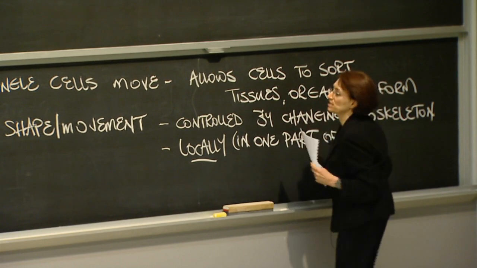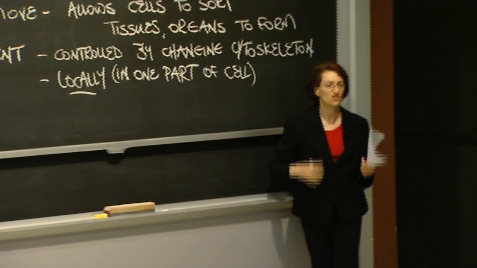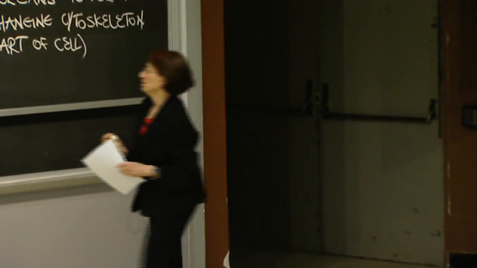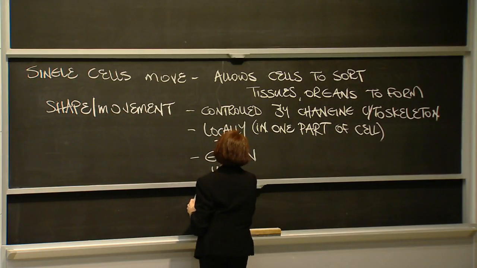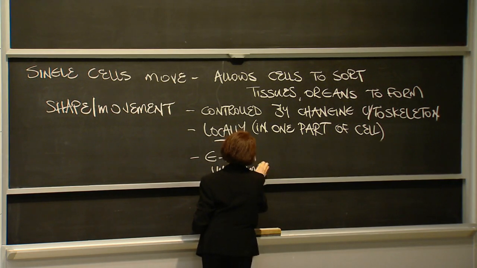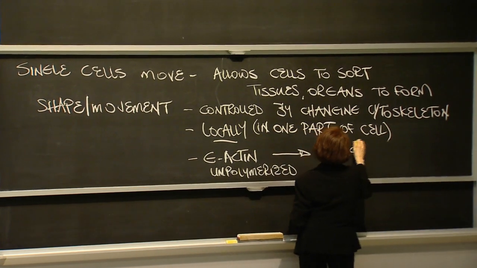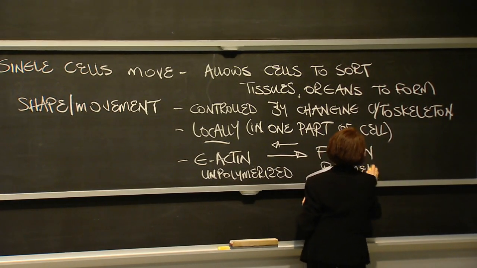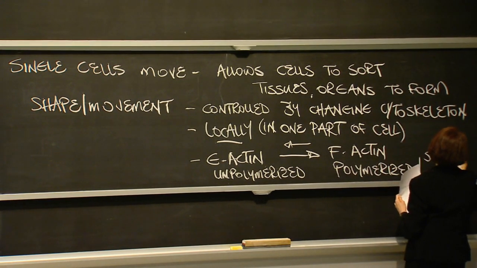And a most important change that occurs with cytoskeletal changes is a polymerization of actin from G-actin, which is unpolymerized, to F-actin, and this is reversible, which is polymerized non-covalently, and this F-actin will stretch the cell and help the cell to move.